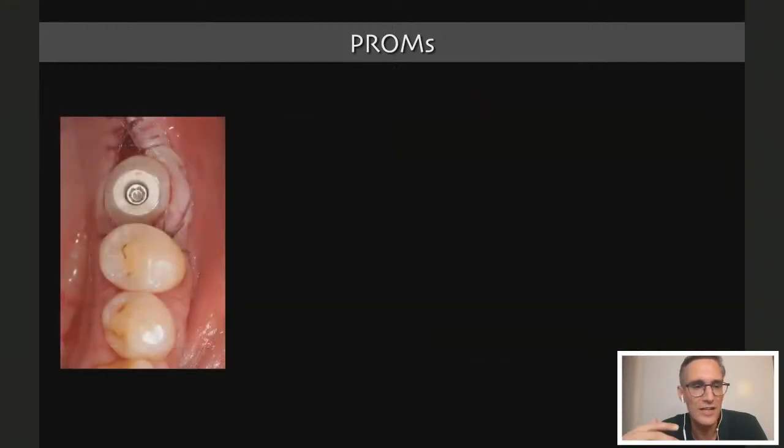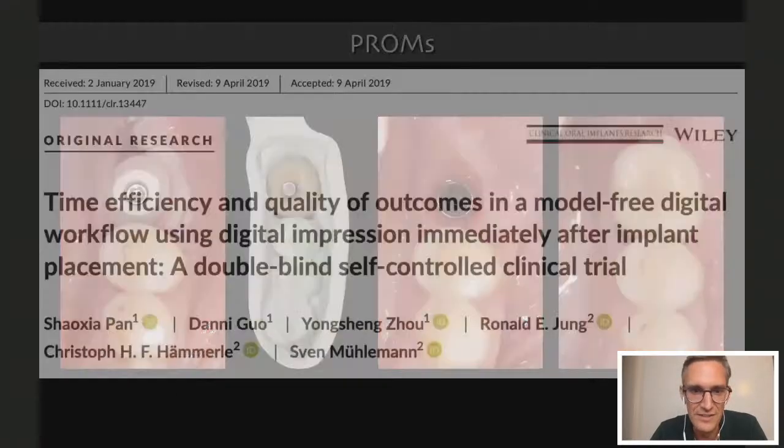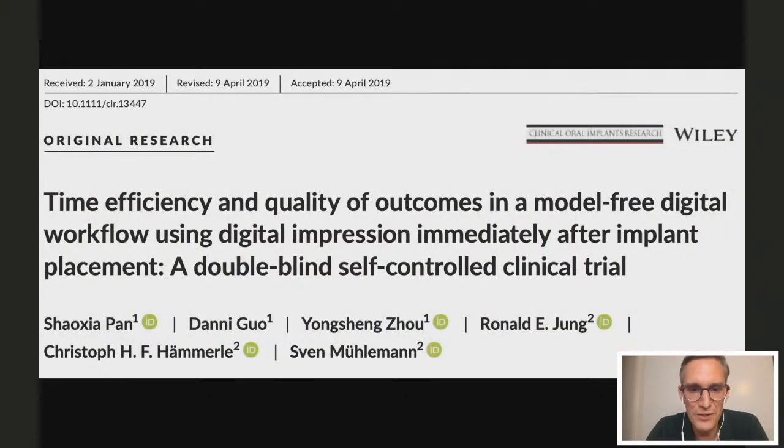I don't even need to take a complete scan. I place a customized healing abutment that already has the shape of the final molar crown. Then the patient appears after 3-4 months and the crown is already ready to deliver. Exactly. And that's something we also wanted to study, but maybe there's a question.